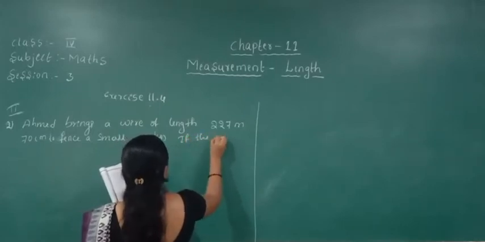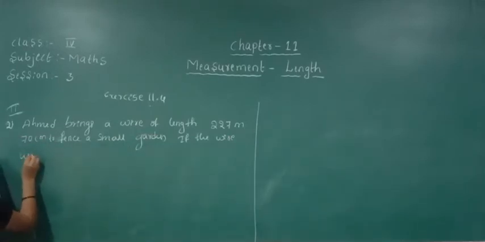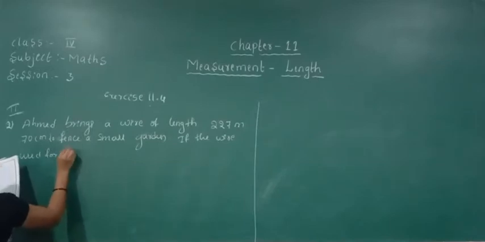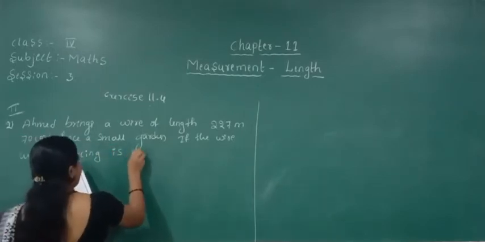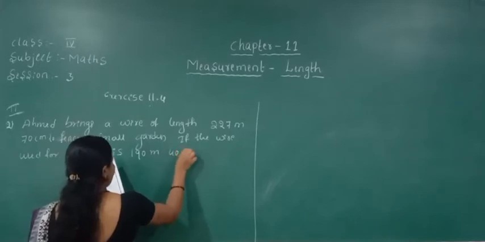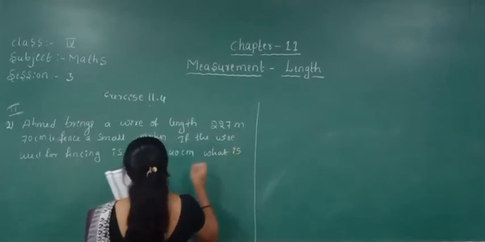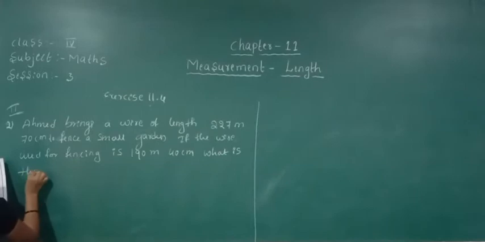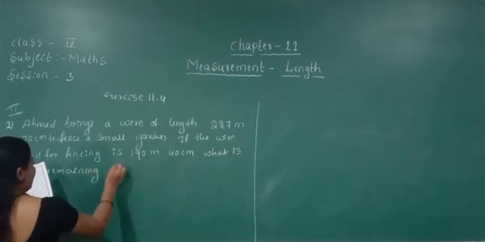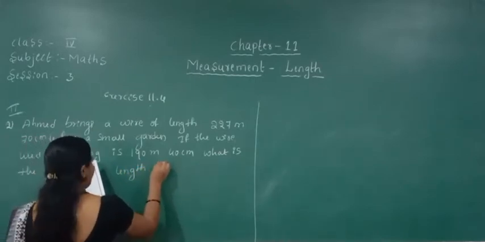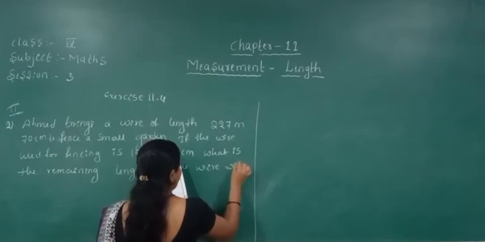If the wire used for fencing is 190 meter 40 centimeter, what is the remaining length of the wire with him?